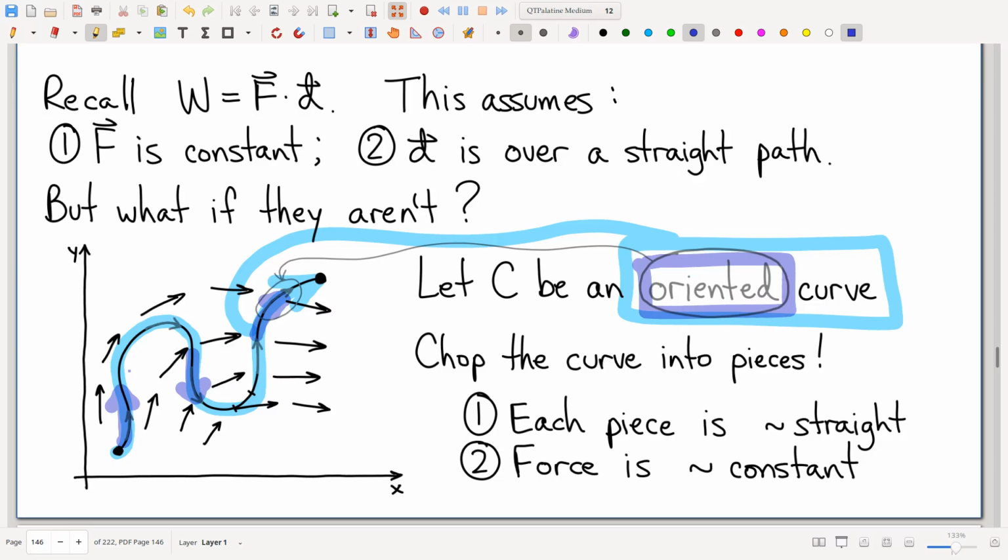It's called an orientation. I said surface, but I meant curve. Which direction am I going along this curve? Everybody happy? All right. So that's going to come up in a bit.